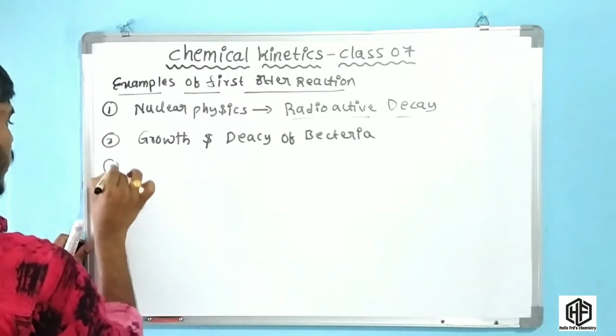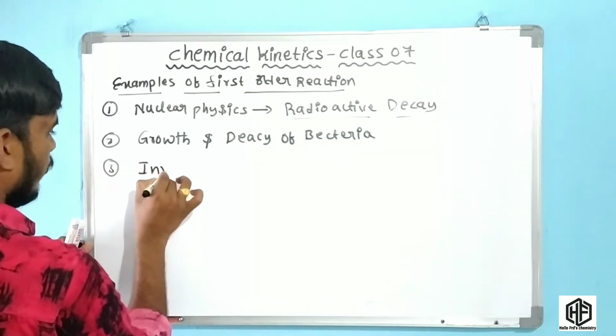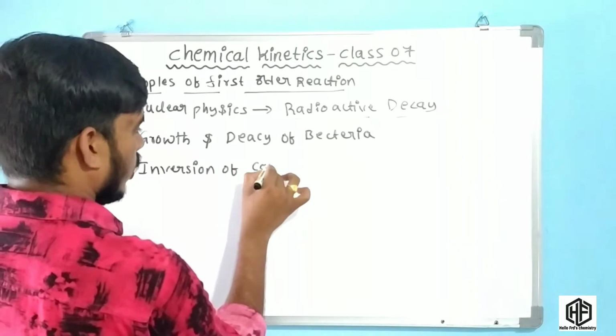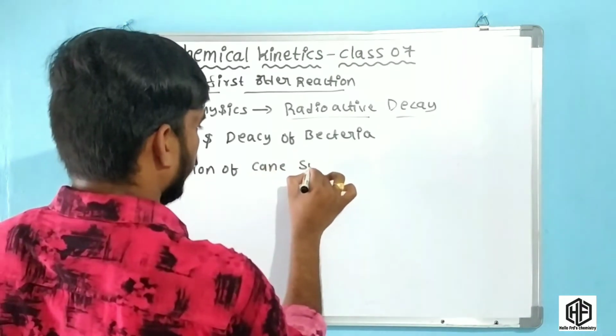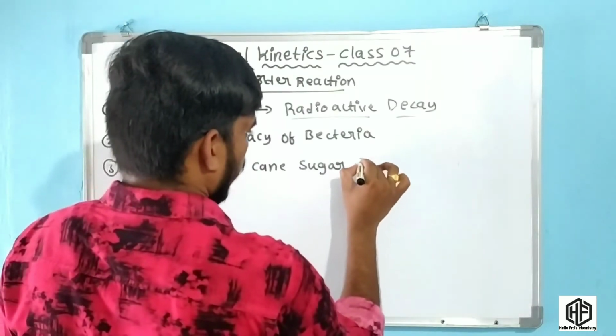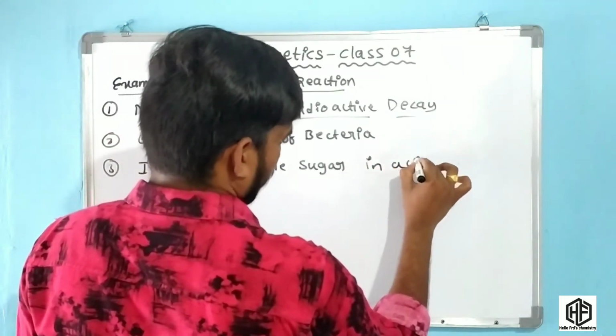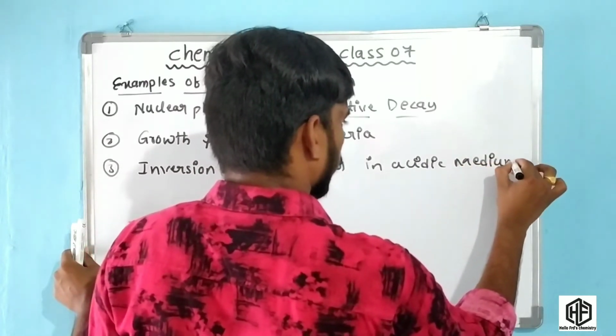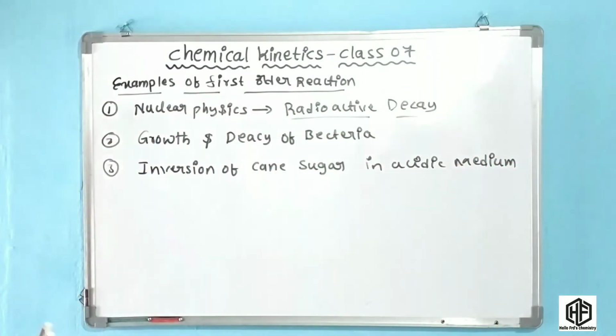And the third important example is the inversion of cane sugar, that is called sucrose, in acidic medium. This is one more important example of the first order reaction.